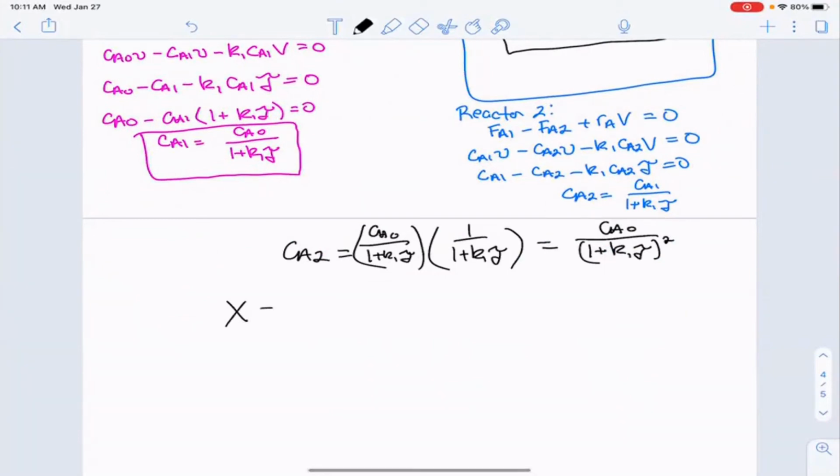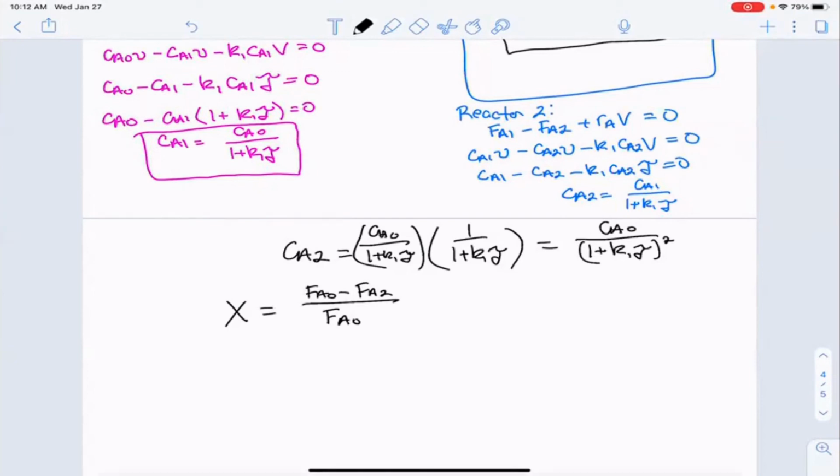That's still the number of moles of A that have reacted over the moles of A fed, but now we're looking at the entire process. So this is still FA0 minus FA2, the molar flow rate leaving the final reactor. The difference between these two is the number of moles reacted, divided by the number of moles fed.